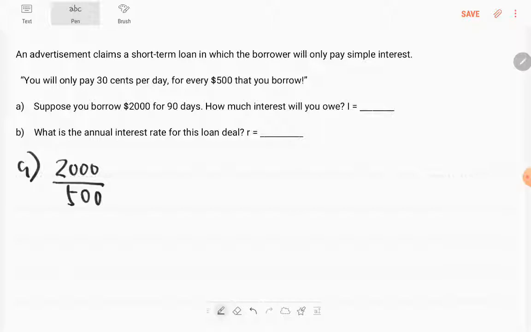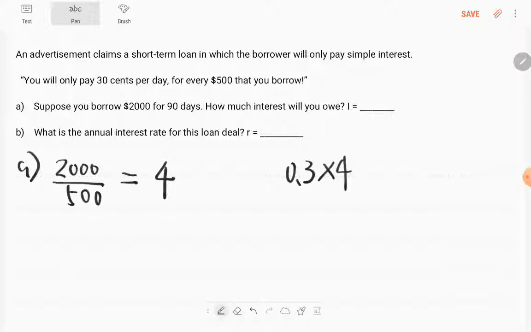So there are 4 $500, right? For every $500 we need to pay 30 cents, which is $0.3. So we need to multiply by 4, because we have four $500 in 2,000.